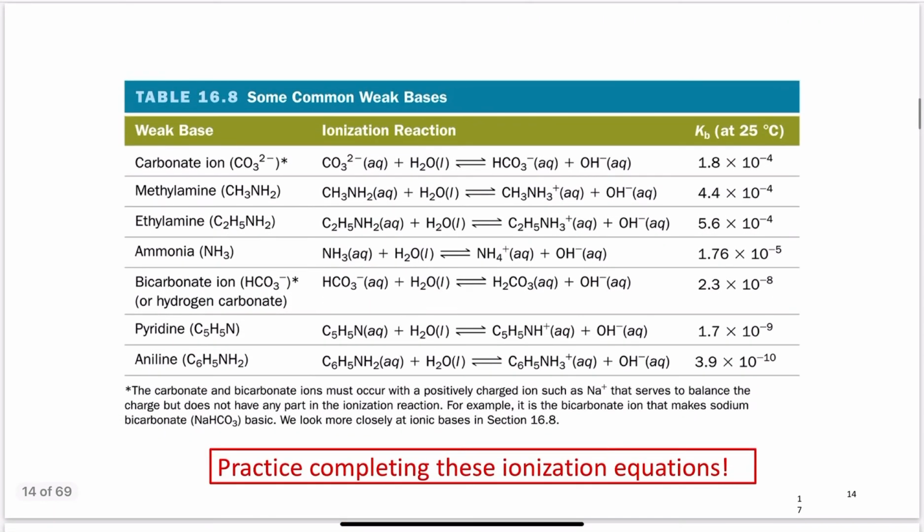Here's some common weak bases with their Kb values. Kb is just like Ka. It's just products over reactants still, but B stands for base.